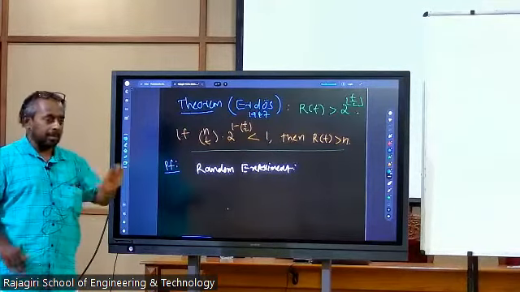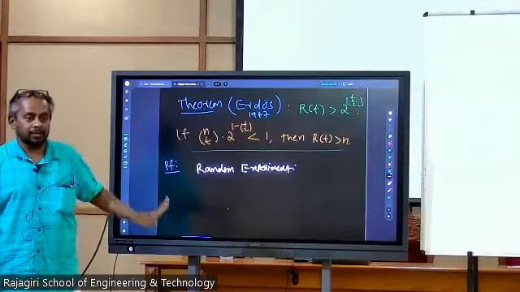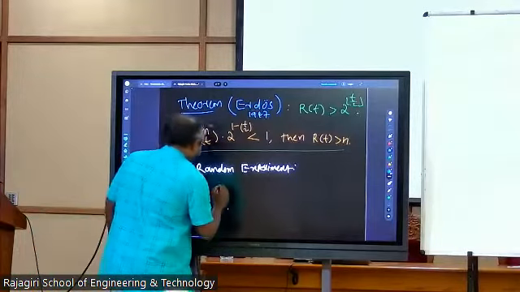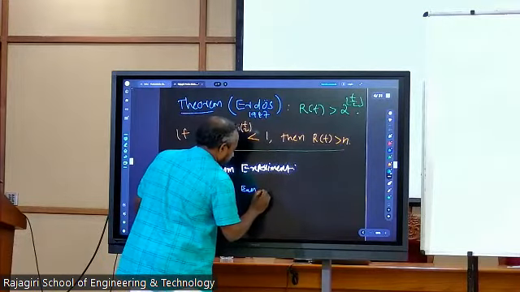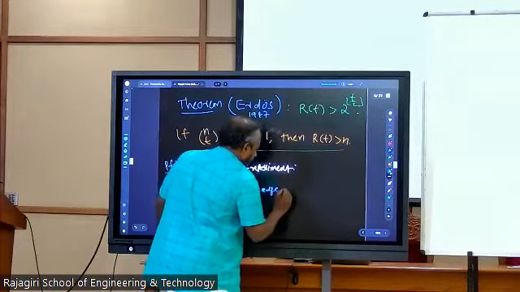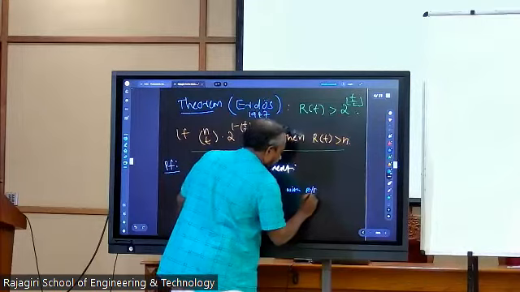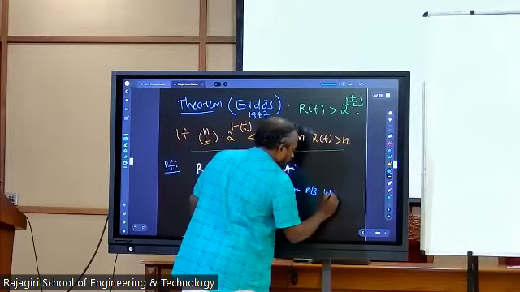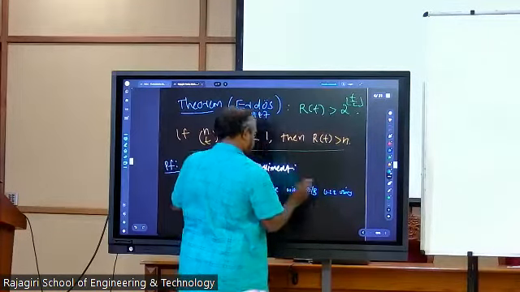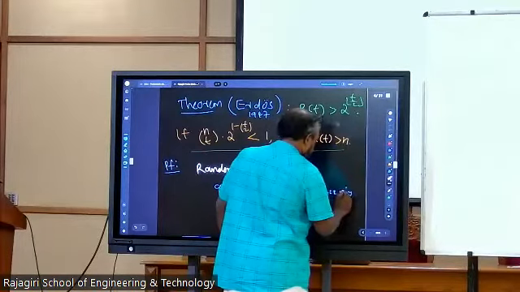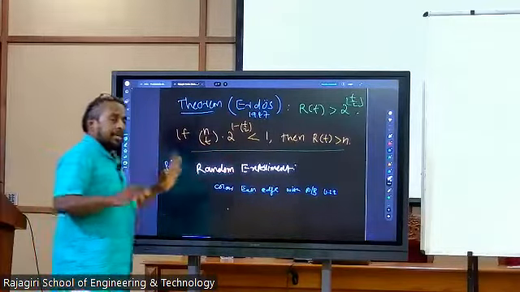So every edge is uniformly and independently randomly colored either red or blue with probability exactly half. So this is our random experiment.